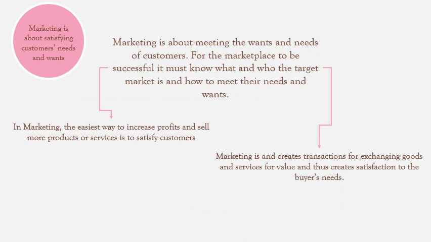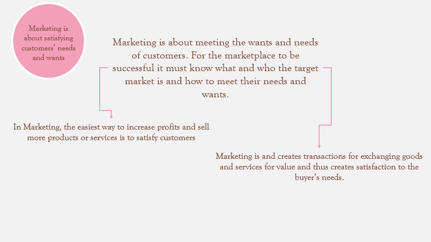All right, and on to our second pillar of the day: marketing is about satisfying customer needs and wants. And like I said in the beginning, everyone that's worked customer service knows that you must satisfy the customer, even if it is challenging. So, marketing is about meeting the wants and needs of customers.